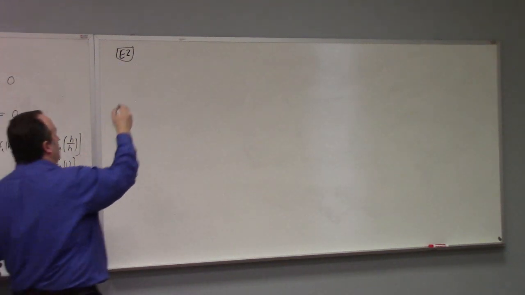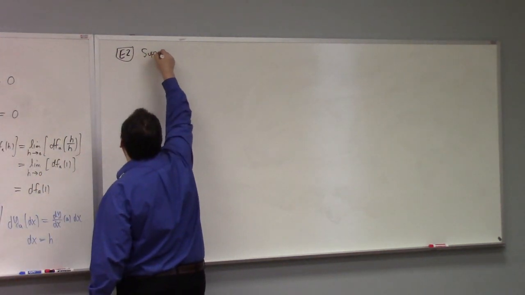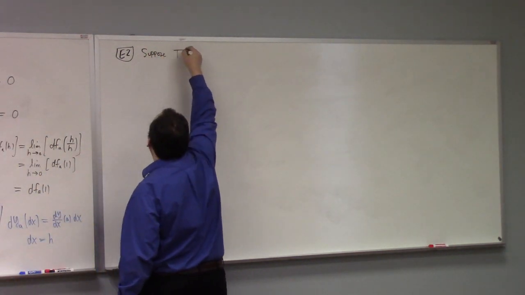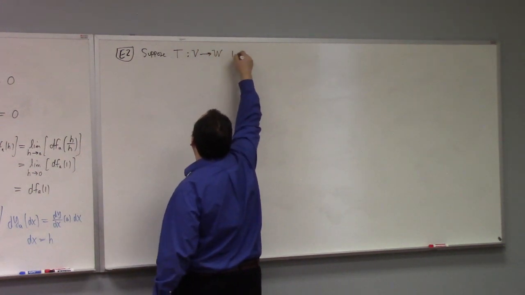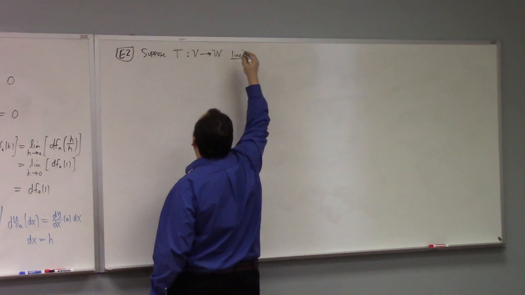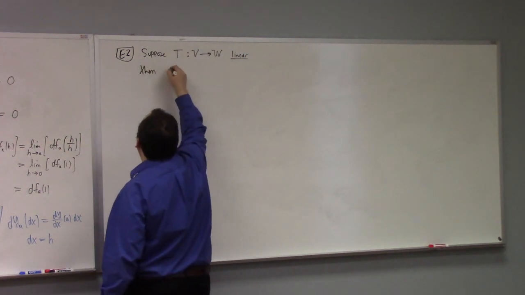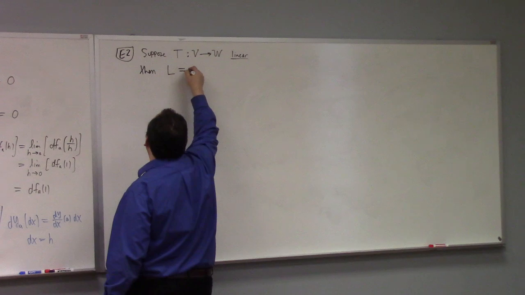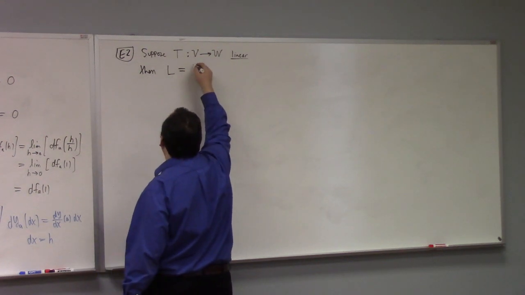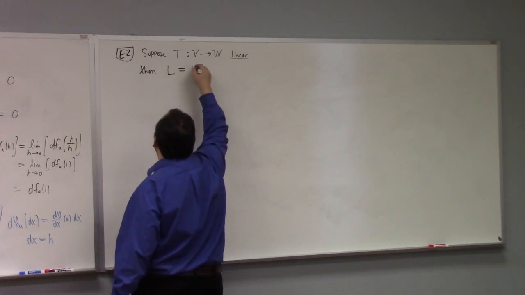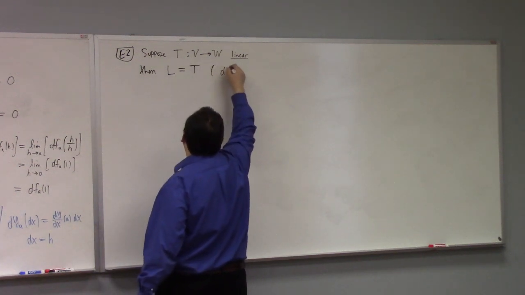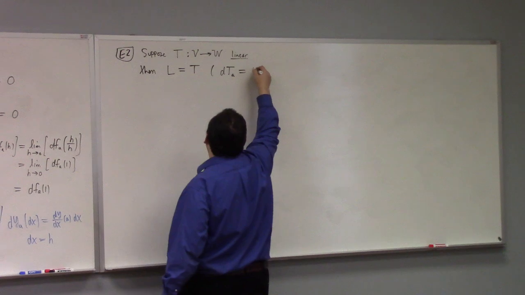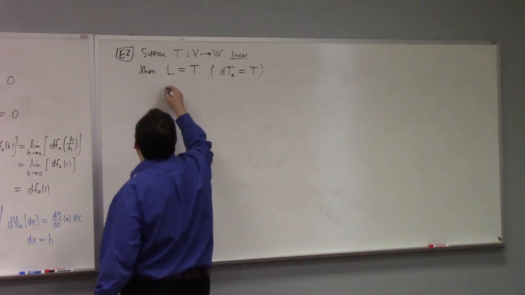Example 2, suppose T from V to W is linear, right? Then I would claim that the best linearization to T is T again, all right? So in other words, the differential of T at a is just equal to T would be my claim. Does this work?